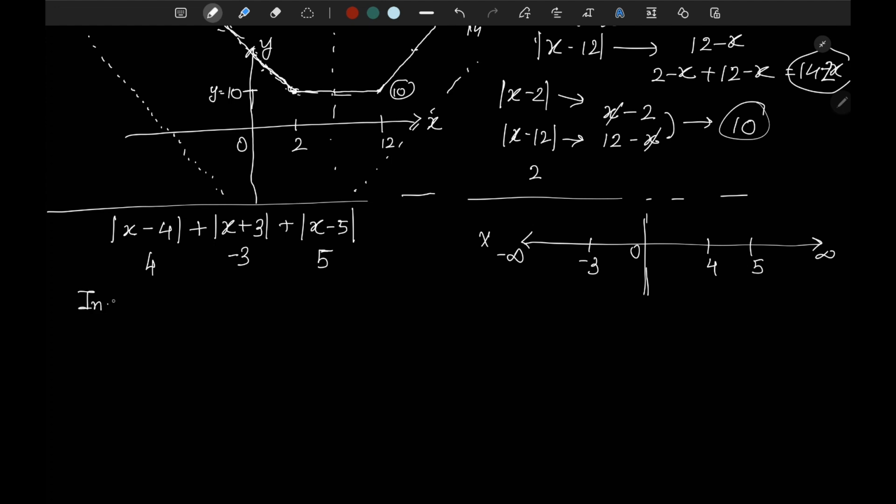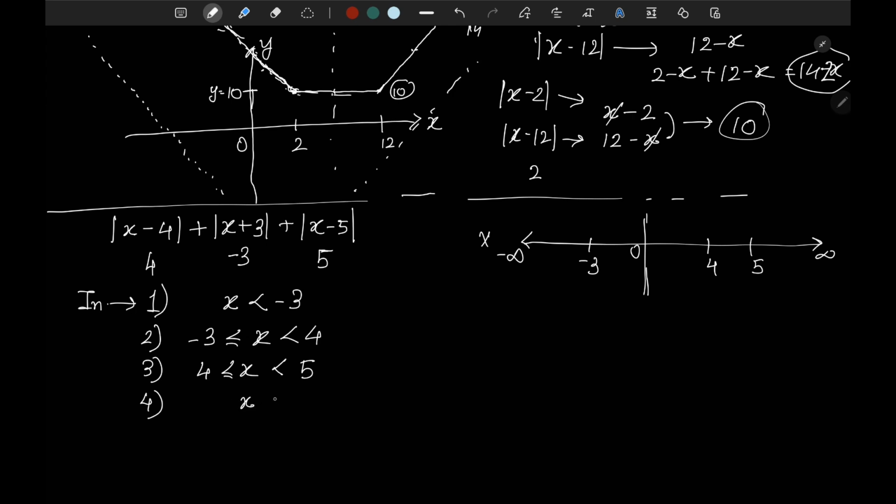Interval 1 is when your x is less than minus 3. Interval 2 is when x is greater than or equal to minus 3 but less than 4. Interval 3 is when x is greater than or equal to 4 but less than 5, and interval 4 becomes x greater than or equal to 5.